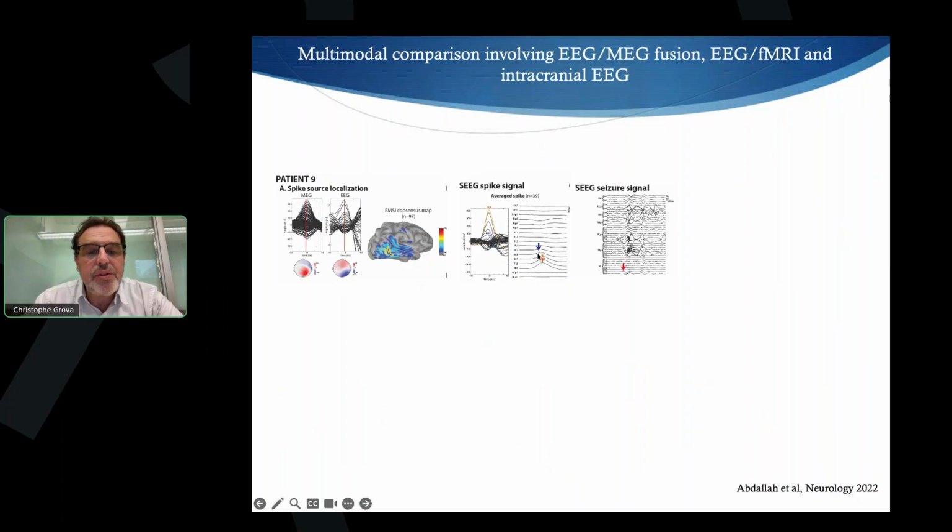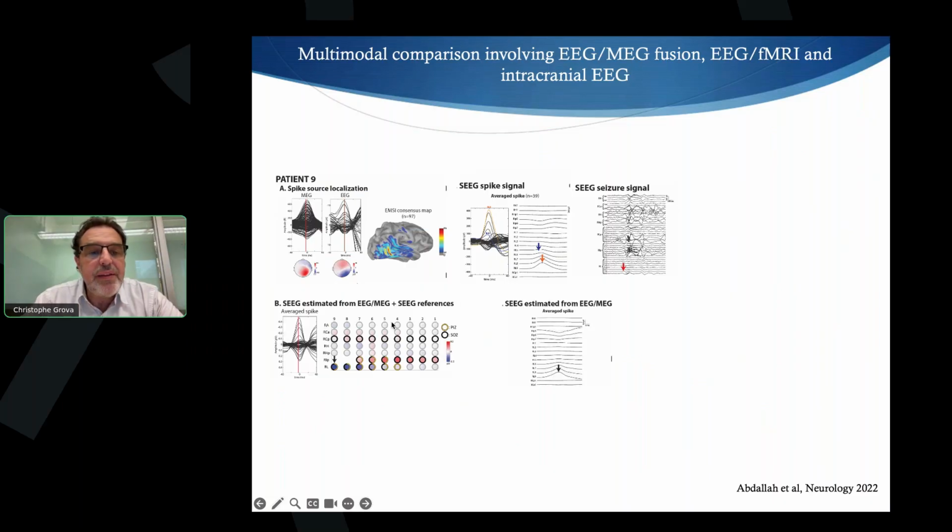And we identified the first point where the spike was rising, the peak, and the beginning of the seizure as well. And then we projected those MEG maps into the SEEG space by doing this projection that I just explained. So this is the average SEEG signal, and this is the SEEG signal that has been estimated from MEG sources. And you can see how similar they are.